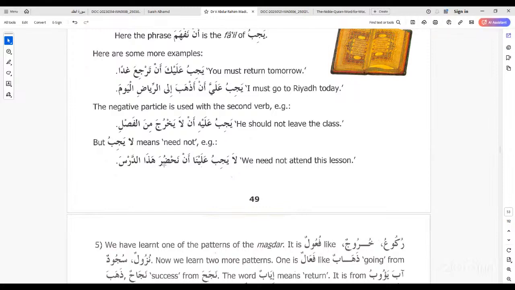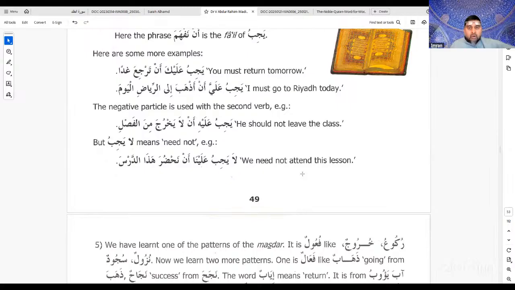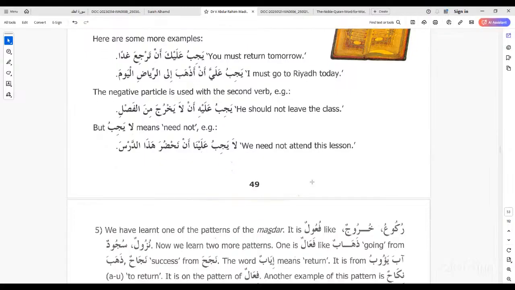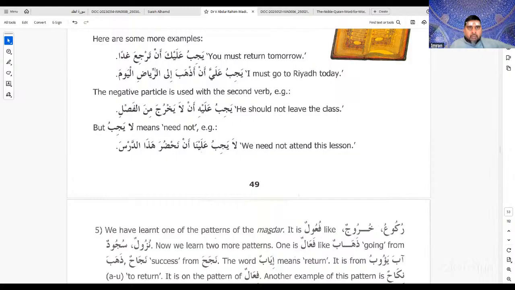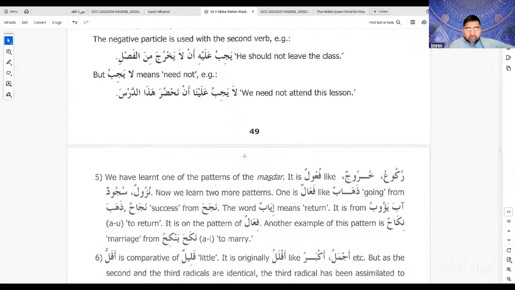It's a continuous tense. That is what the meaning of masdar is. Like when you say hitting, walking, riding, the words themselves don't indicate any tense. And sometimes, instead of having a verb and an, you can use the masdar and make the root word of these verbs the fa'il of yajibu itself. Let's read this and I will explain.